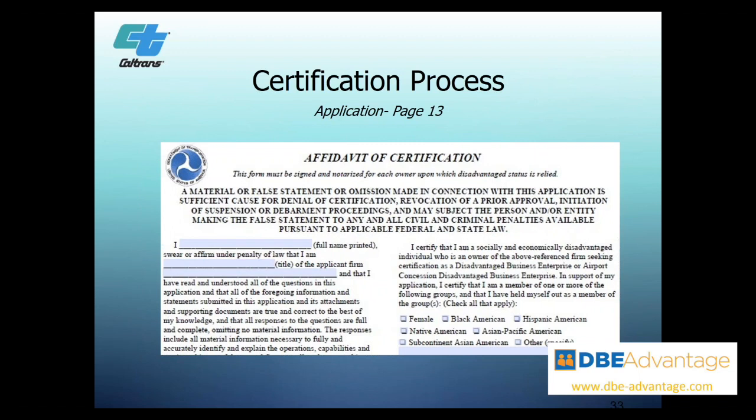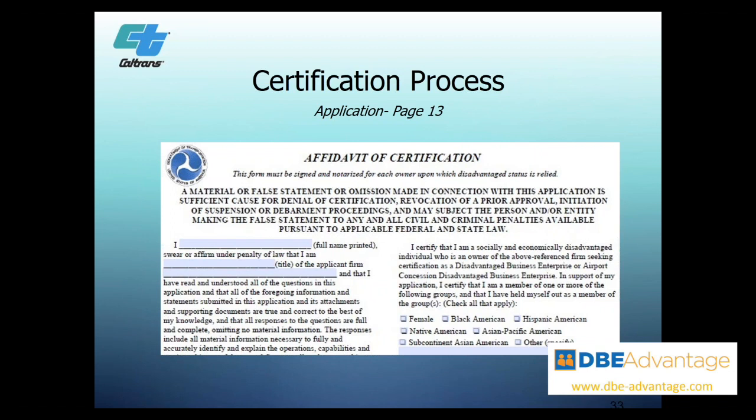You are essentially certifying that you are, in fact, one of the groups that have been established here, and you can see on the screen that we're talking about a female, Black American, Hispanic American, Native American, Asian Pacific American, subcontinent Asian American, or other. And if you fall under other, then you must describe your ethnicity here under other.